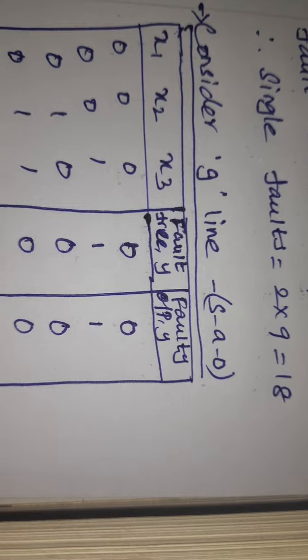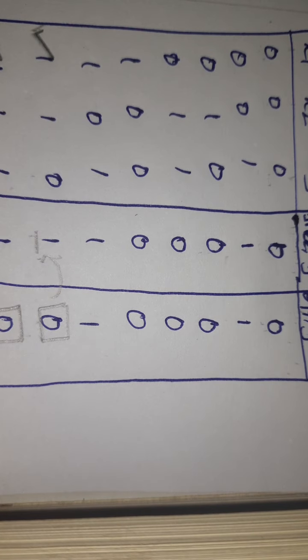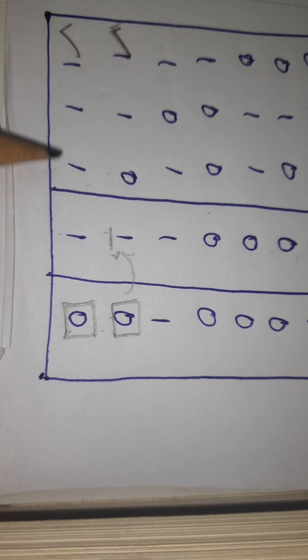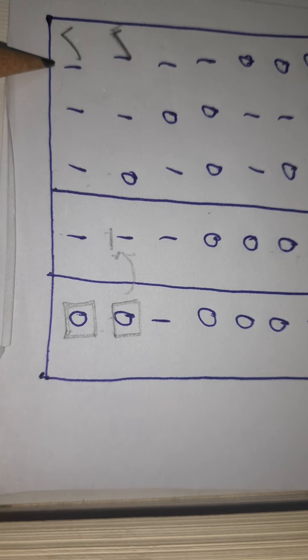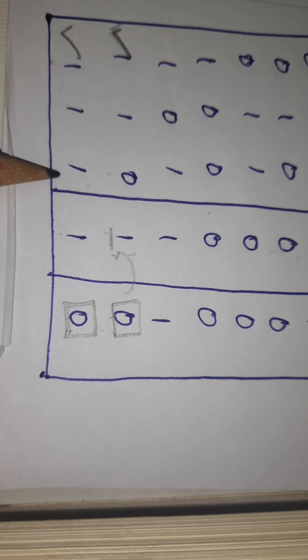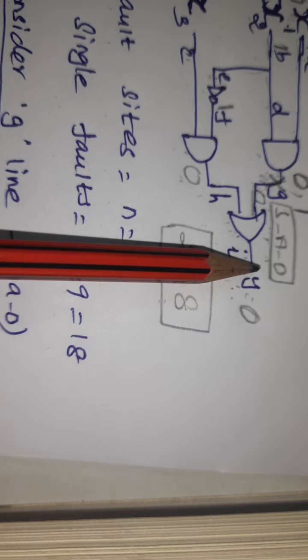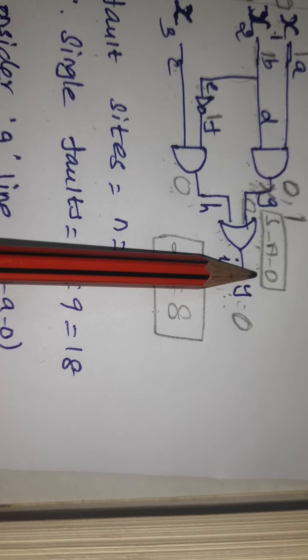Similarly we compare the other response value, while we apply input combination 1 1 1. At that time, what is the original response value? 1. What is the faulty response value? 0. That means the G line is affected by stuck at 0.